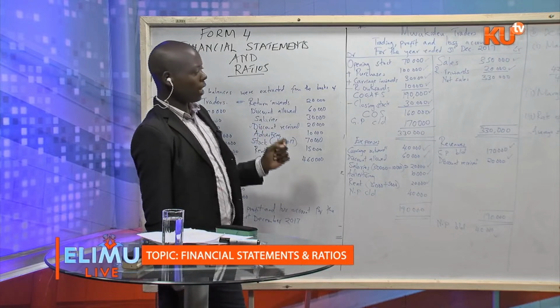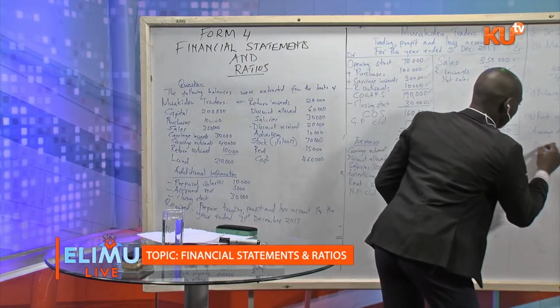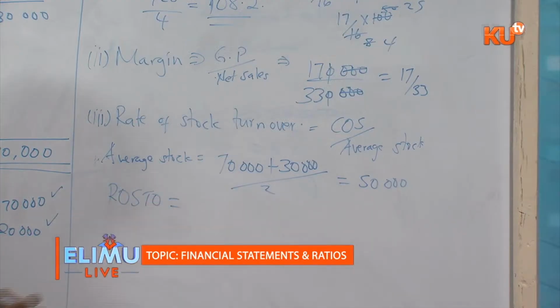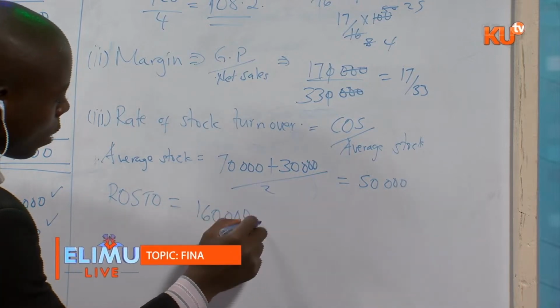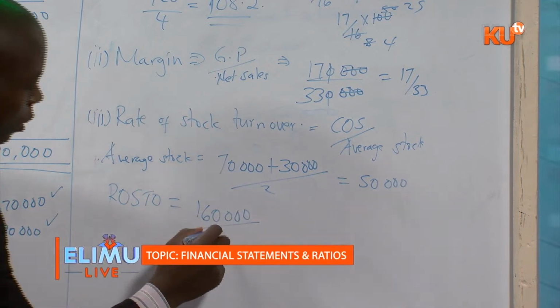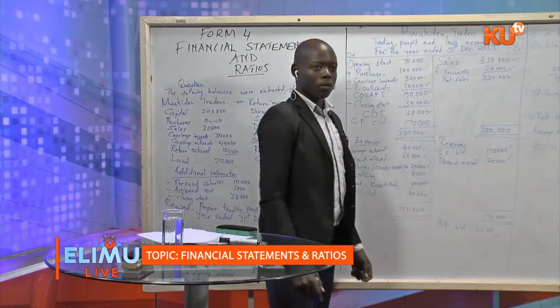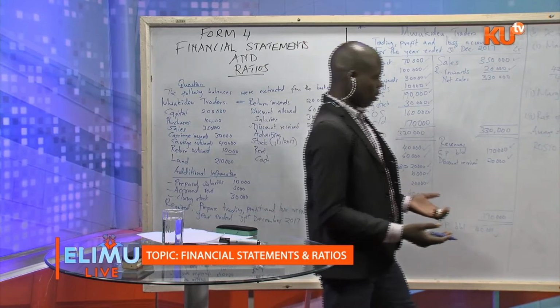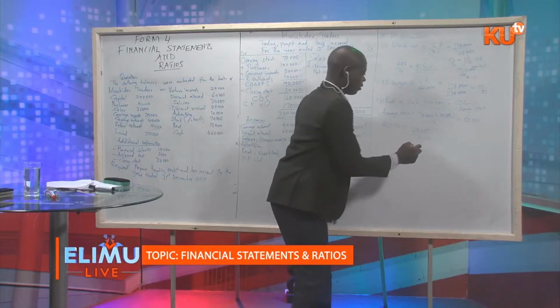So we now calculate, based with this cost of sale, therefore, that is now our rate of stock turnover will be equal to our figure for the cost of sale, which is 160,000. We divide by the average stock, which is 50,000. This cancel out.